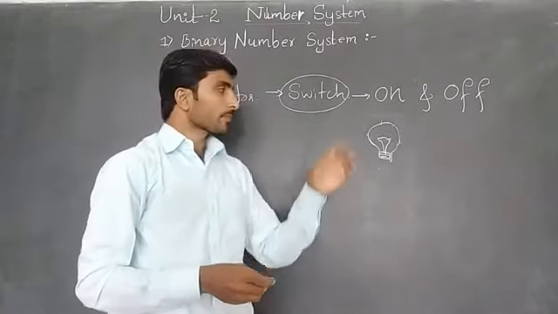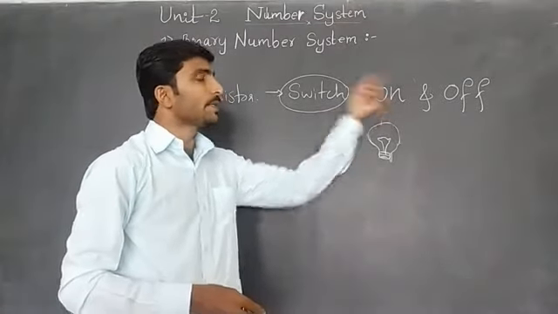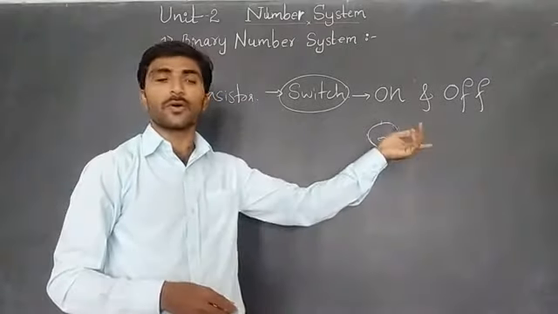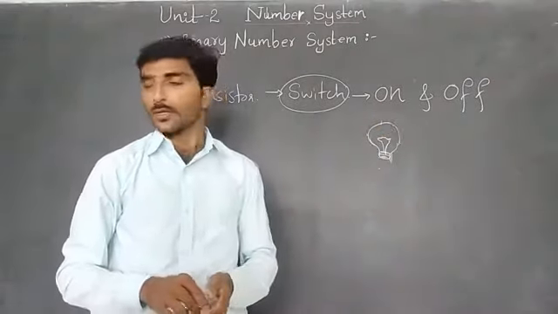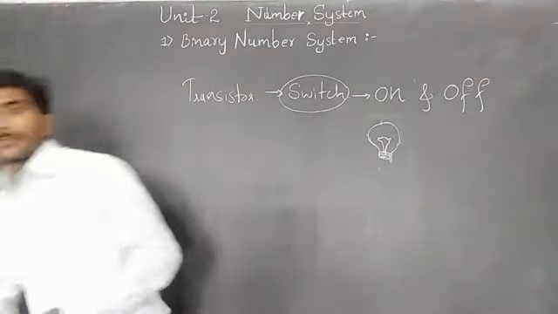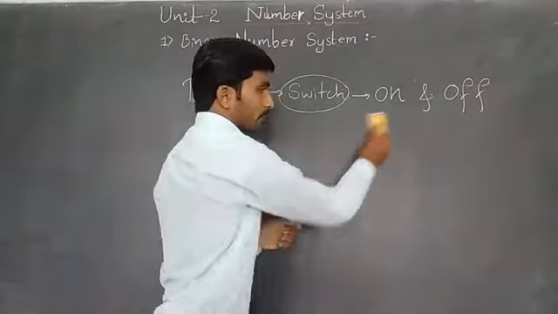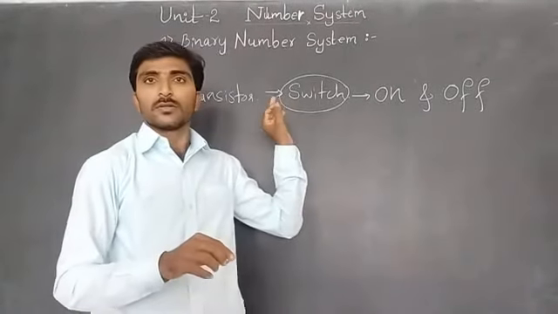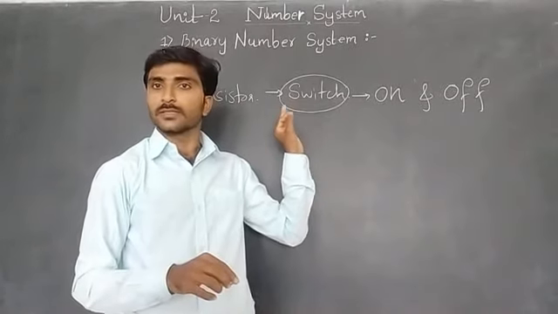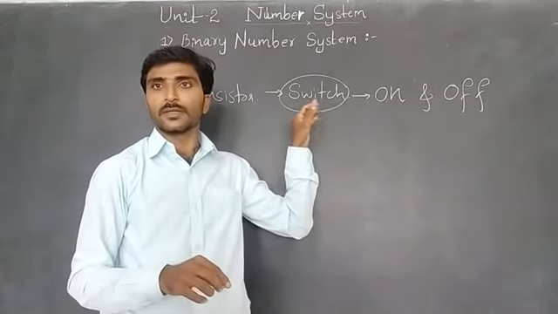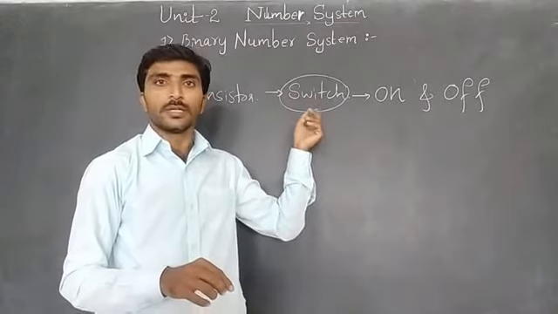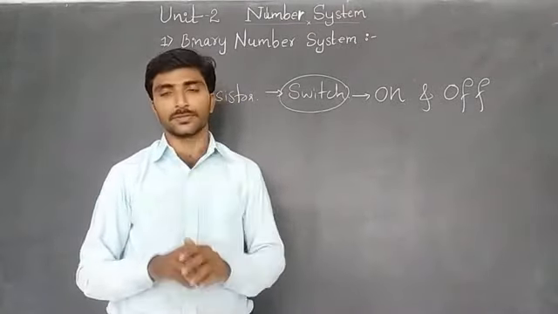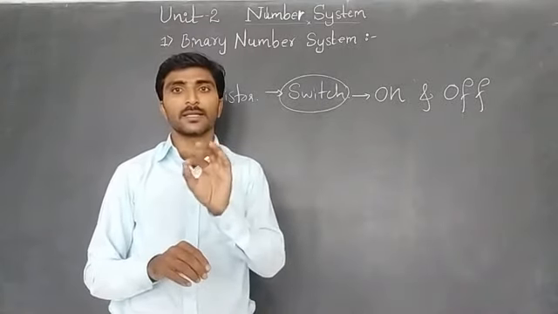So what is the use of on and what is the use of off here? Every transistor can be seen as a switch that can be on or off depending on the presence of electrical current or electrical signals.